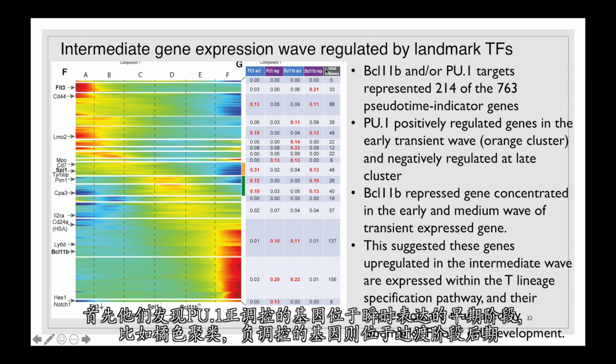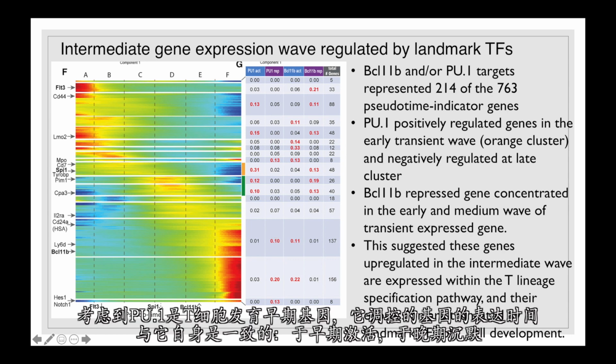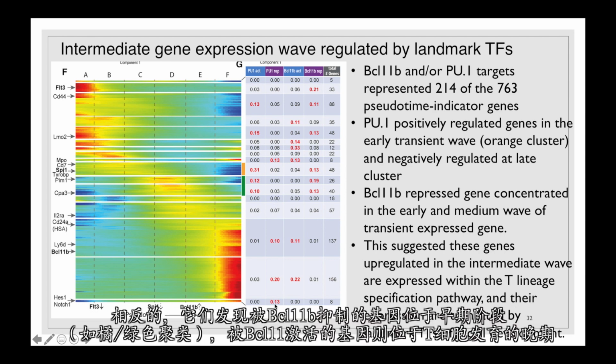Firstly, they find PU.1 positively regulates genes in the early transient wave, such as the orange cluster, and negatively regulates genes at the late cluster, for example here. Considering that PU.1 is expressed at the early stage of T cell development, this gene expression pattern is highly consistent with its own expression pattern, active at the early stage and repressed at the late stage.